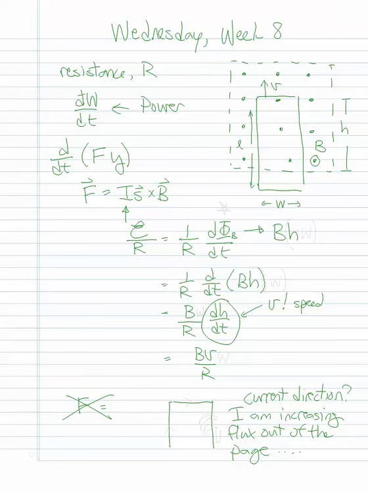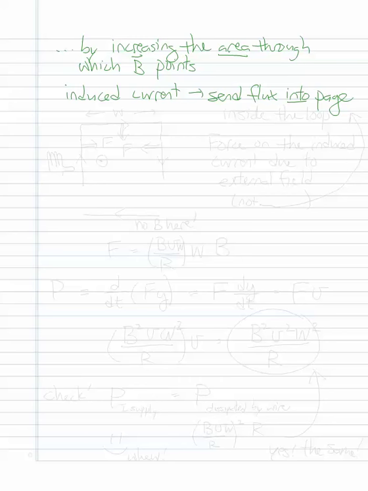And so by the right-hand rule, in order to get flux into the page, my fingers curl into the page here when my thumb is pointing this way. And so the current goes clockwise in order to get flux to go into the page inside the loop.